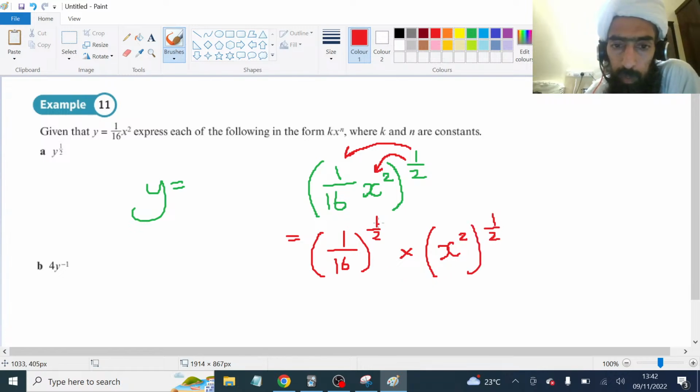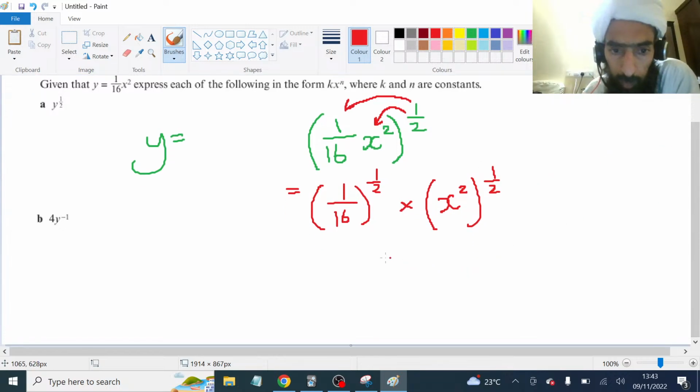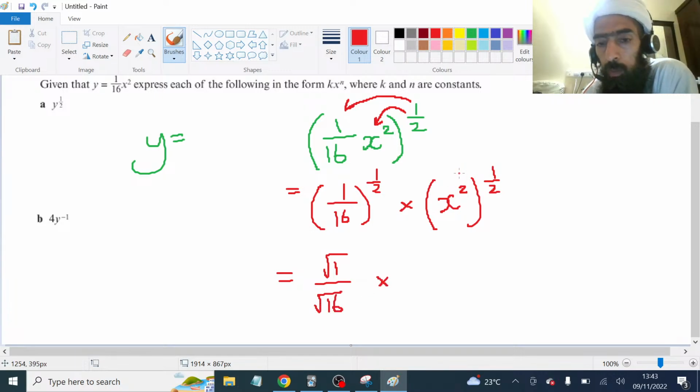Then we're going to use our power laws here. A half really means square root, and this square root can be applied to the top and the bottom of a fraction. So this would become square root of 1 over square root of 16 times, here we're going to use the power rule of multiplying the power here and the new power outside the bracket.